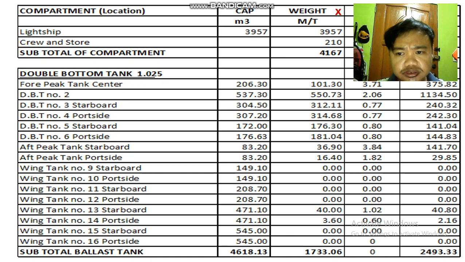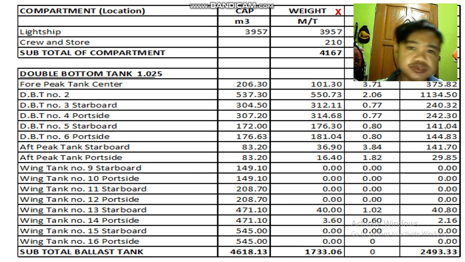We also have the VCG. Where can we obtain the VCG? The light ship VCG is obtained from the hydrostatic table in our ship stability booklet.